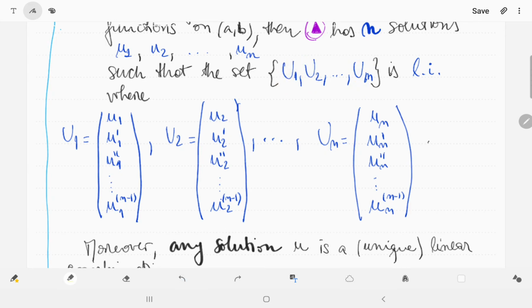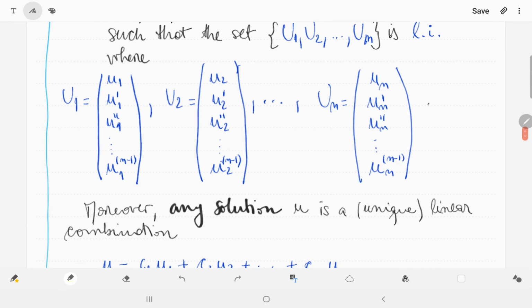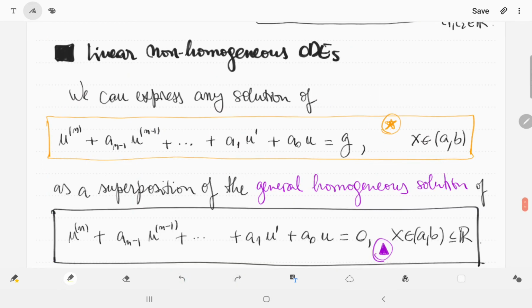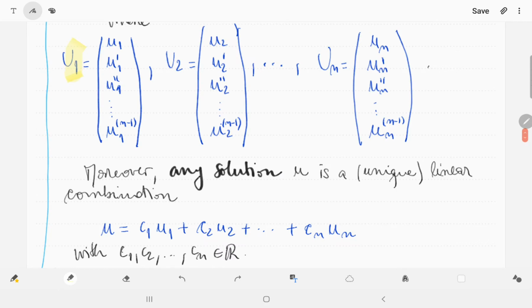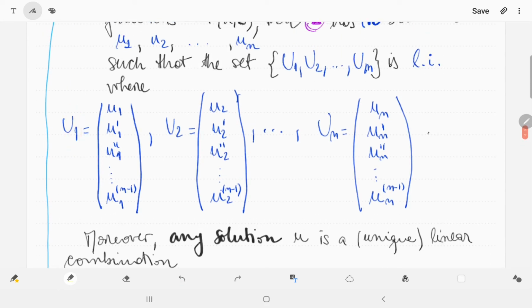Those vectors are here. For the first one, we take the first solution, its first derivative, its second derivative, and so on, until the n-1 derivative. And we do that for each of the solutions that we have. Okay, so we know that we have these n solutions, u1, u2, un.